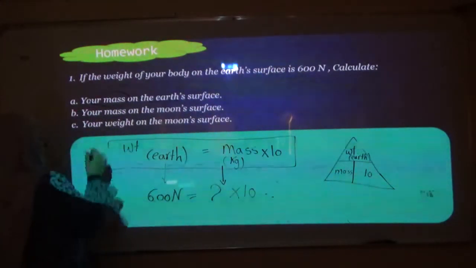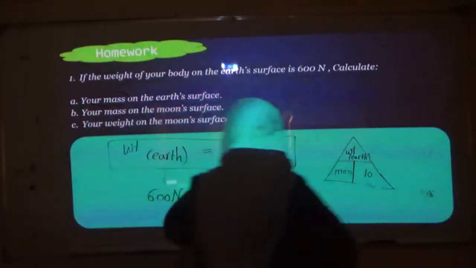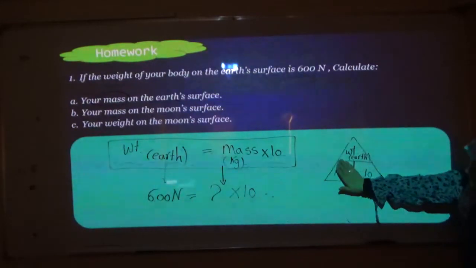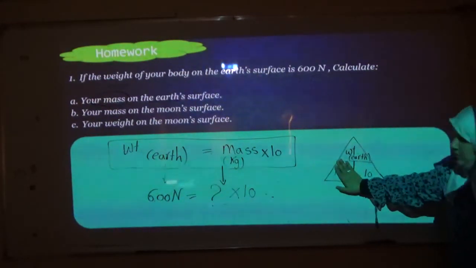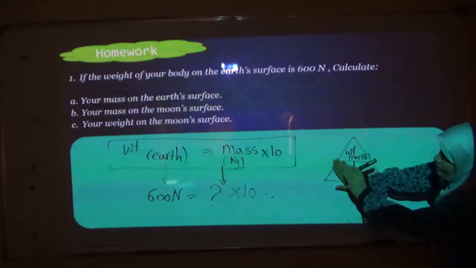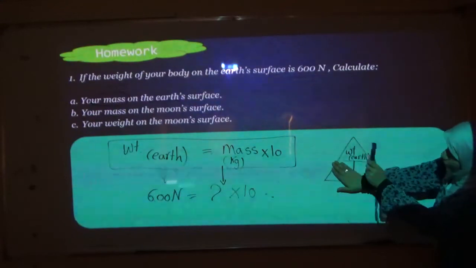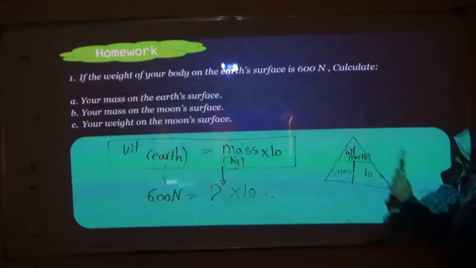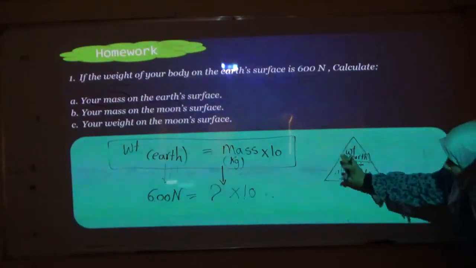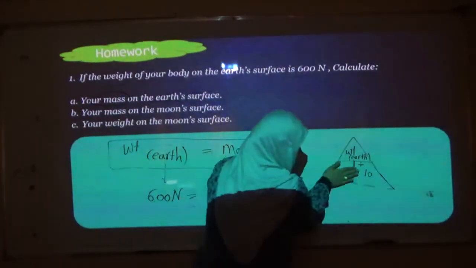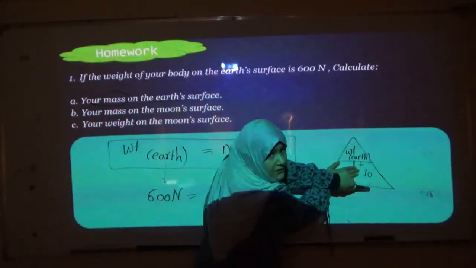Can you put your hand on the mass and read this triangle? How can I read the triangle? For mass on the earth, you put your hand and cover it like this. Mass on the earth will be equal to weight on the earth divided by 10.